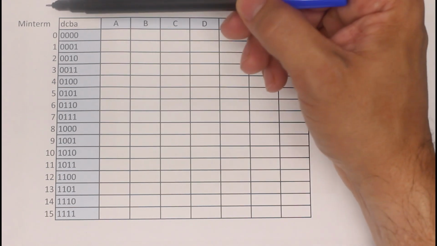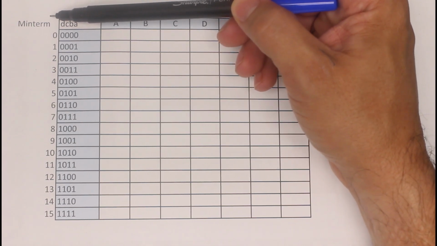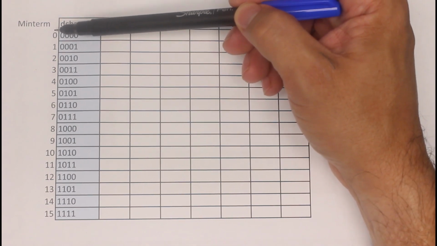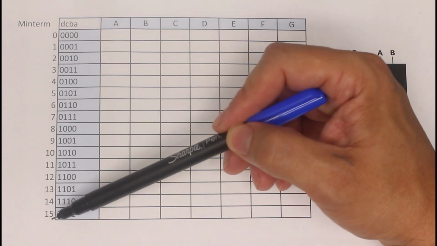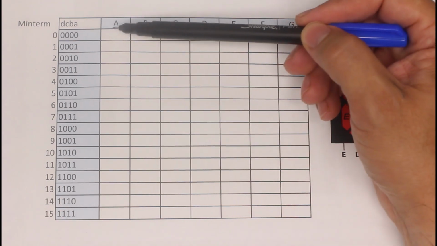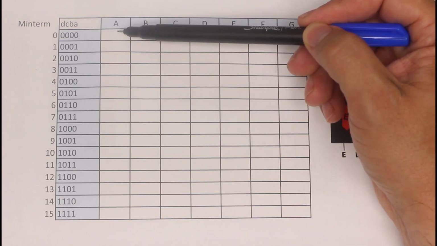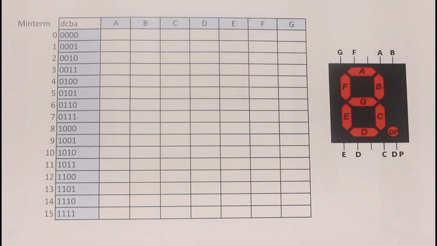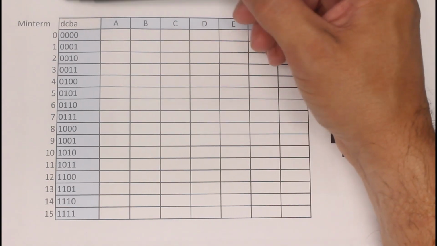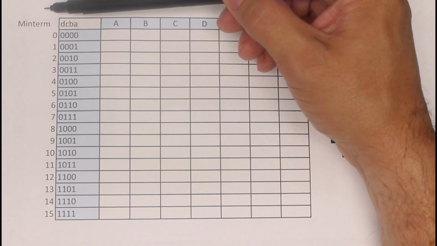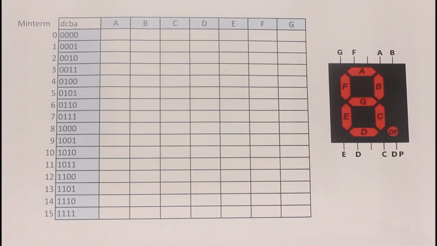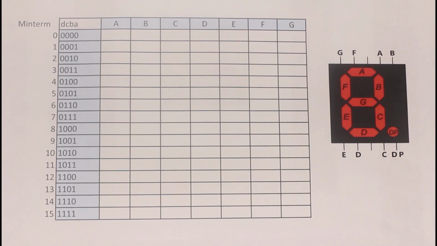Another item of note, this column over here labeled minterm is used to help us determine the minterm of each function. 0 through 15 is not the minterm until we match it up to the list of all ones, and you'll see what that means in a minute when we calculate the minterms. But in this case, it's just a list to help us determine what the minterm will be. To help us fill out this truth table, we are going to fill out one row at a time.